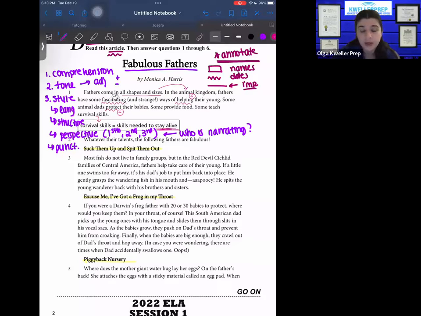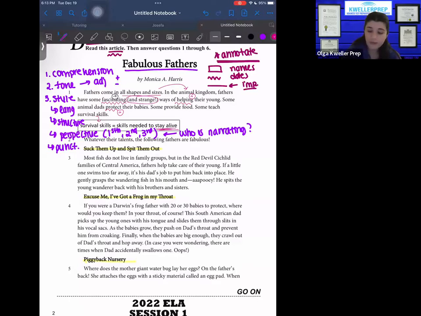And then I would also point out this little parenthetical remark, "and strange," with an exclamation point. This also tells us a little bit about the tone. It tells us that it's quite informal, that it's a little bit funny and strange, and the exclamatory remark in the middle establishes the tone of what we're reading as well.